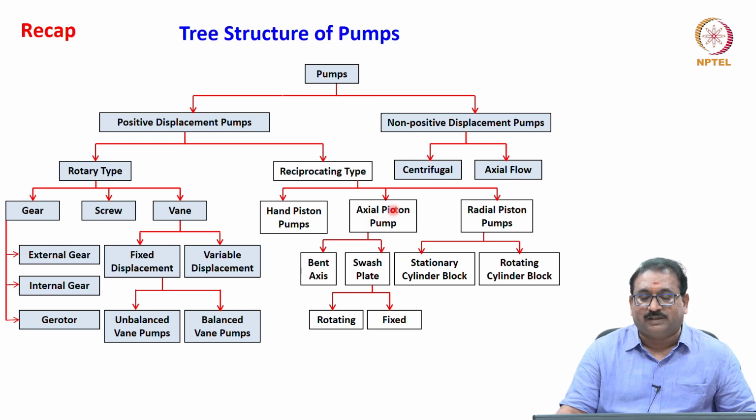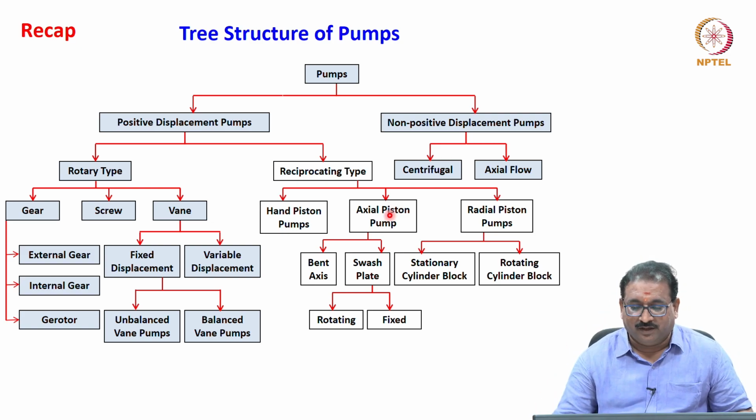Axial piston pumps play a dominant role in the fluid power industry. Here they are classified as bent axis pump and swash plate type. In swash plate type, there is a rotating swash plate or a fixed plate. Then radial piston pumps, with stationary cylinder block and rotating cylinder block. If you finish this, it will end the complete discussion on hydraulic pumps.